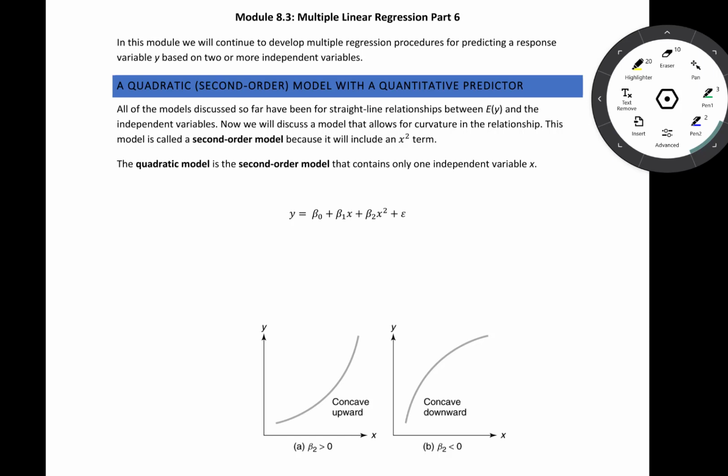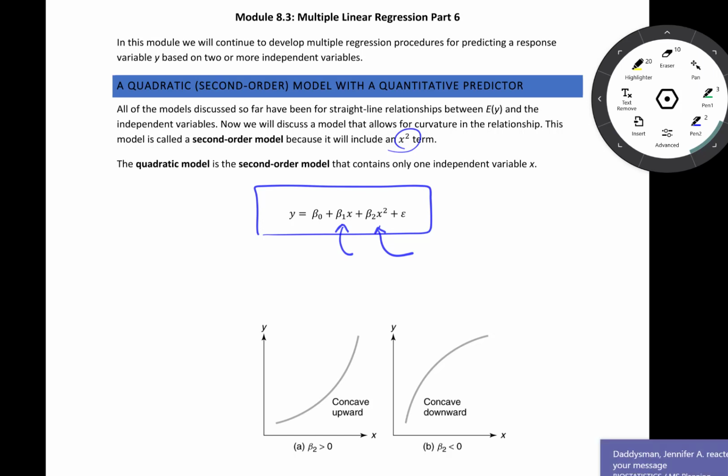So this is what we call a second order model, because it's going to include what we call an x squared term. So the quadratic model is a second order model that contains only one independent variable x, and you can see that model is given right here. So notice that in the model we have both x and we have x squared. And that x squared is what is going to allow for the curvature.